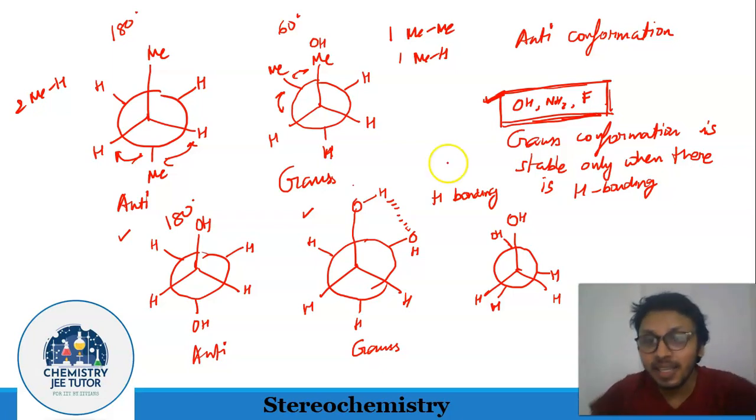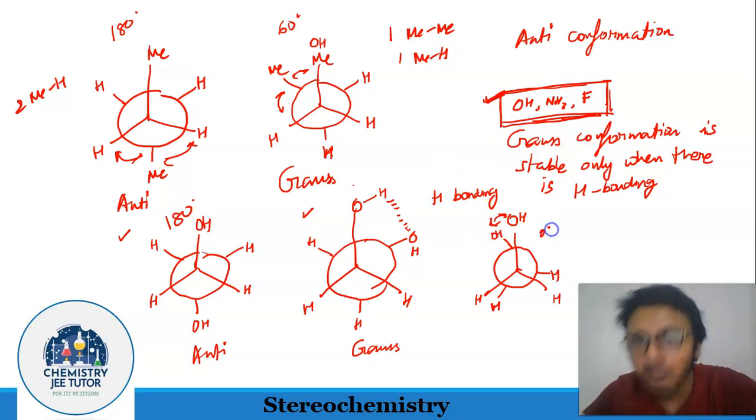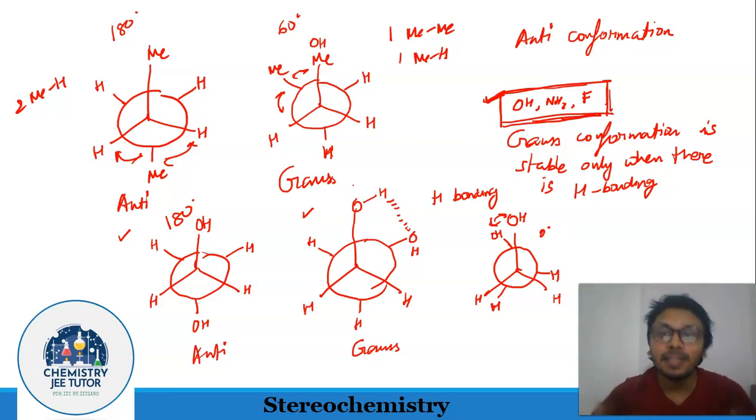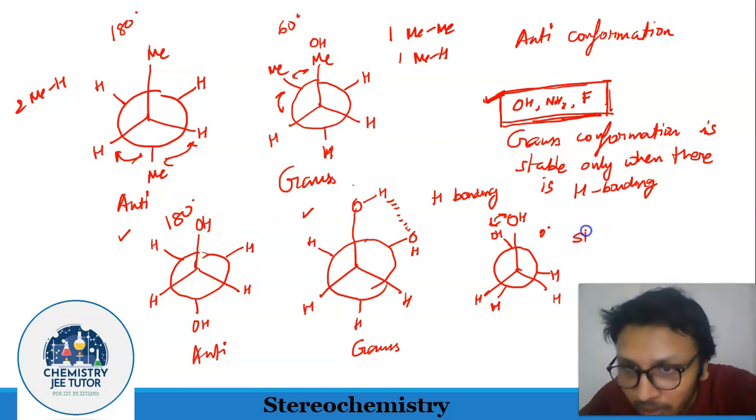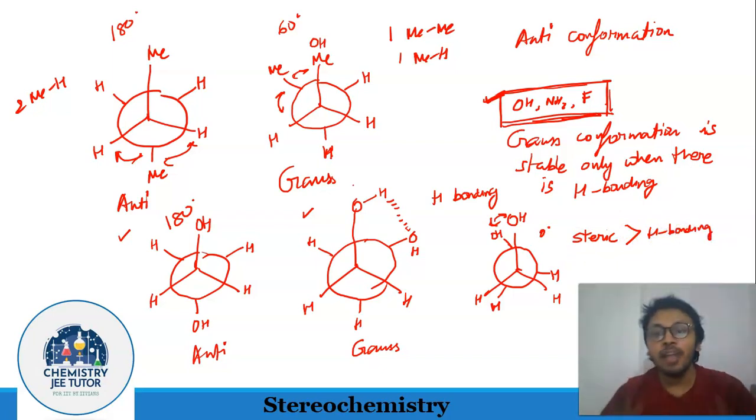But in this case, the steric hindrance of these close-by atoms, because they are at an angle of 0 degrees, is so large that it overcompensates the hydrogen bonding energy. That is, in a fully eclipsed conformation, the steric energy is more than the hydrogen bonding energy. And so the molecule tries to release this steric hindrance, or this crowd. In order to release the crowd, it goes to the Gauche conformation, which then becomes the most stable.